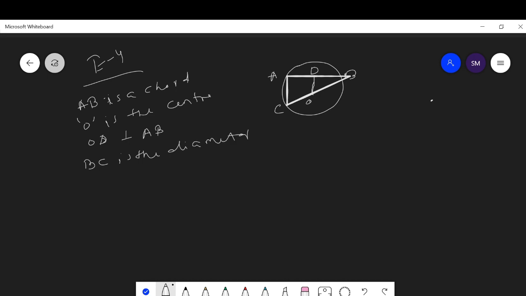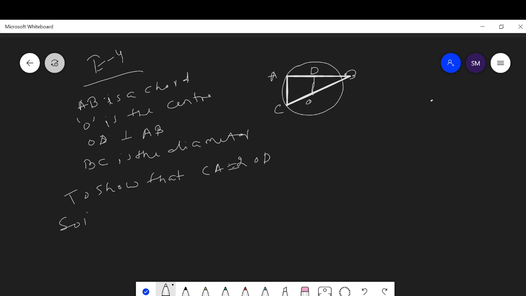Then here we have to show, to prove, that CA is equal to 2 of OD. Here we have to prove that CA is equal to 2 of OD.